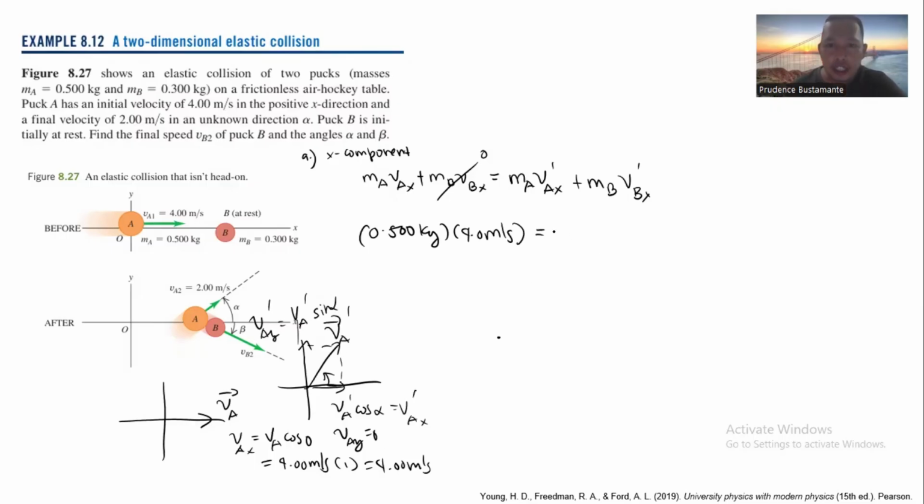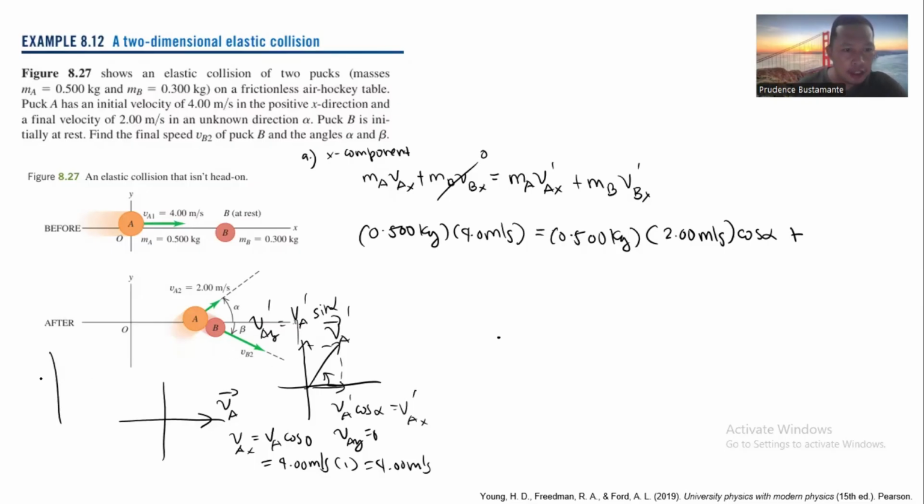So we have the mass of A, 0.500 kilograms, multiplied by the final velocity term, which is 2.00 meters per second cosine of alpha, plus this term for B here.